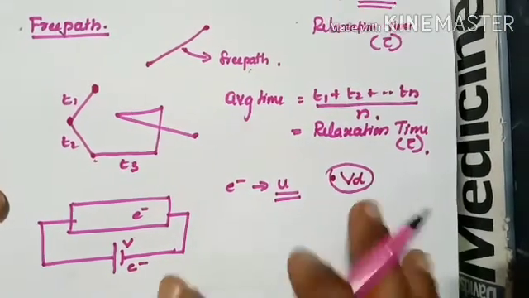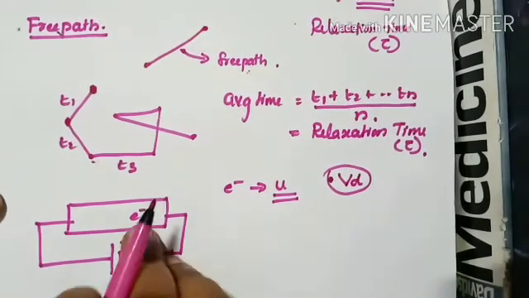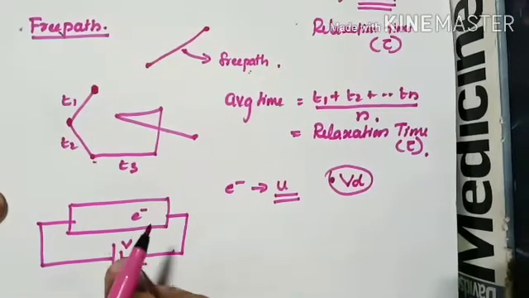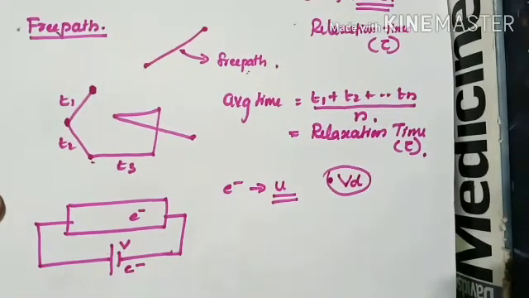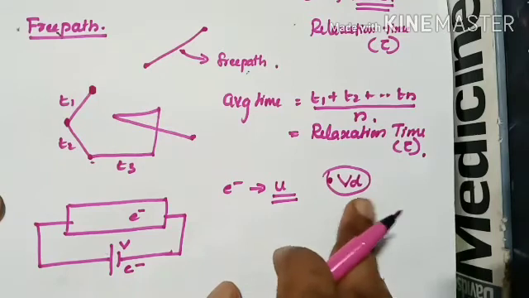So what is the definition of drift velocity? Average velocity with which electrons drift towards the positive terminal under the application of an external field is known as drift velocity, and its representation is Vd.